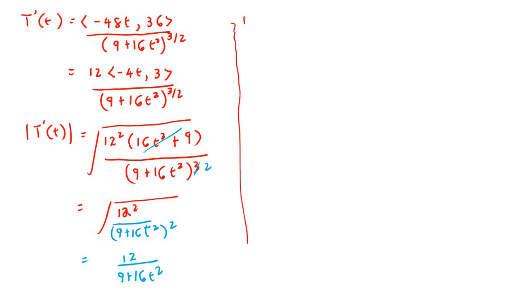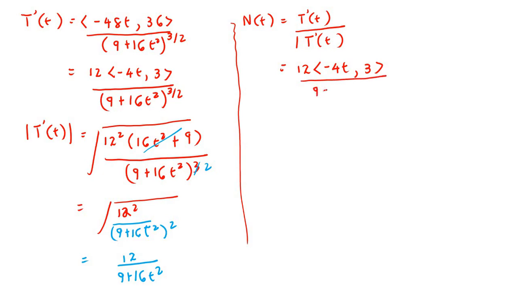The principal unit normal vector is T prime of t divided by the magnitude of T prime of t. T prime of t is 12 times negative 4ti plus 3j, over 9 plus 16t squared power 3 over 2, divided by 12 over 9 plus 16t squared.